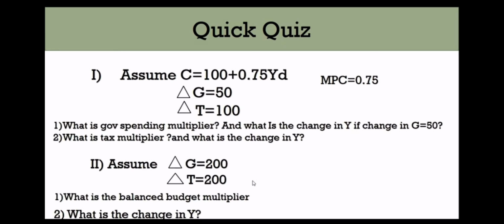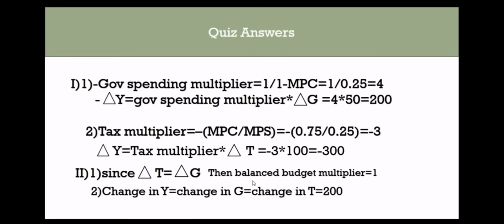We have the change in government spending given, and we know the government spending multiplier, so change in Y is equal to the government spending multiplier times the change in G. It will be 4 times 50, which gives us 200.